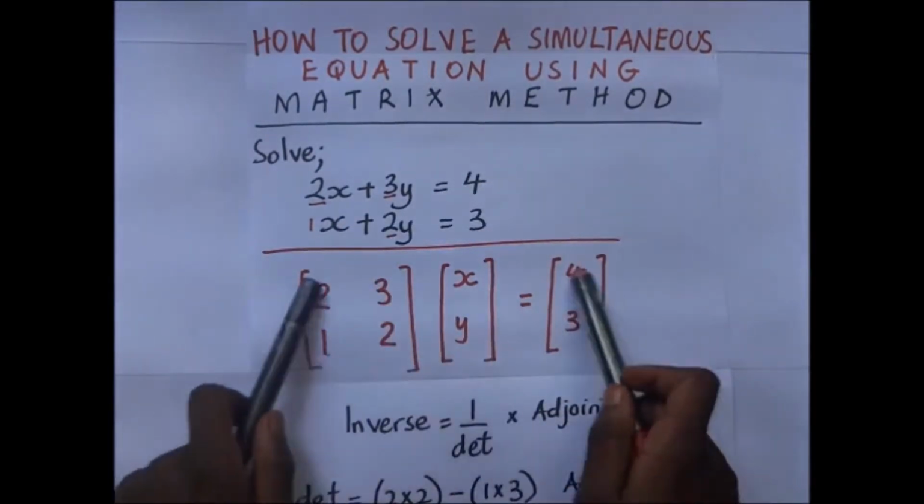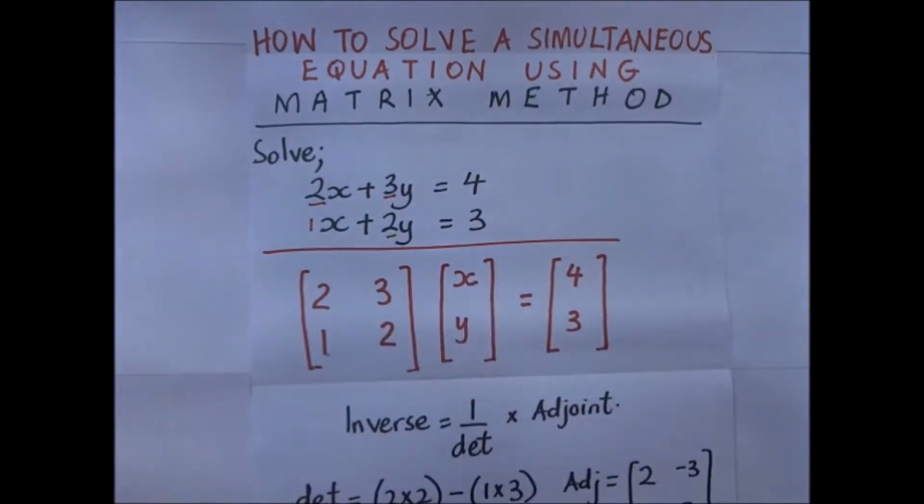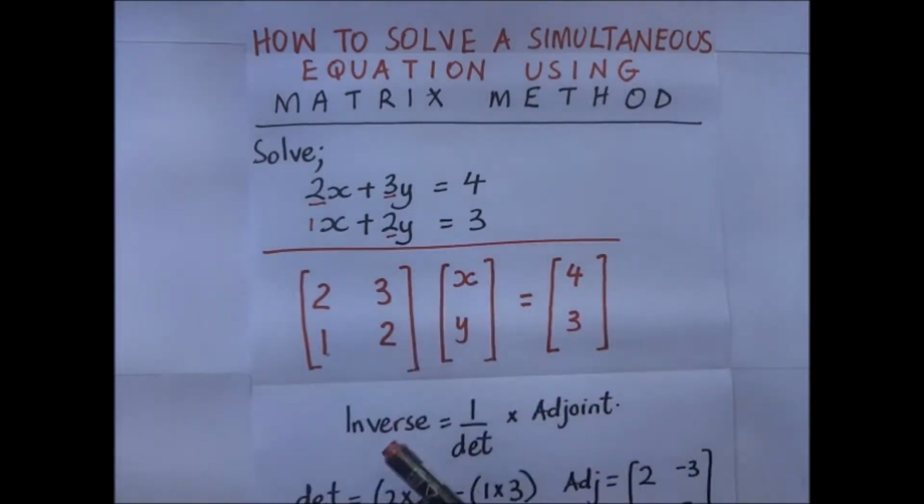Now we are going to deal with this to find the value of x and y. For us to find the value of x and y, we need to eliminate this matrix from this side so that we remain only with the unknowns here. To eliminate this matrix, we multiply it by its inverse.